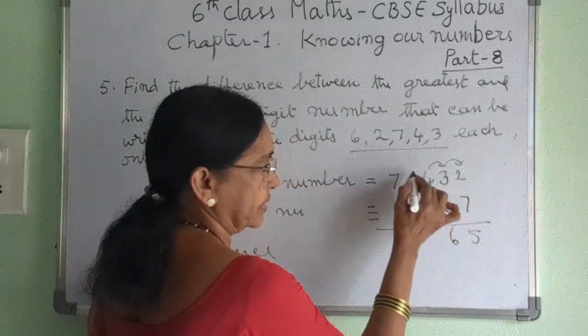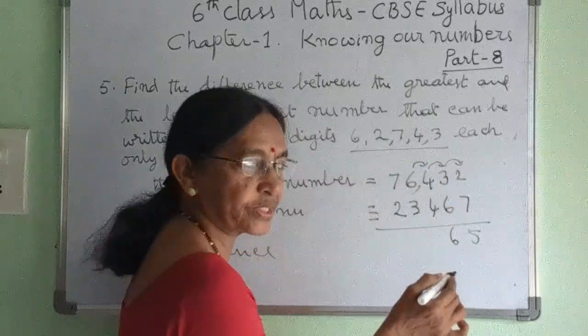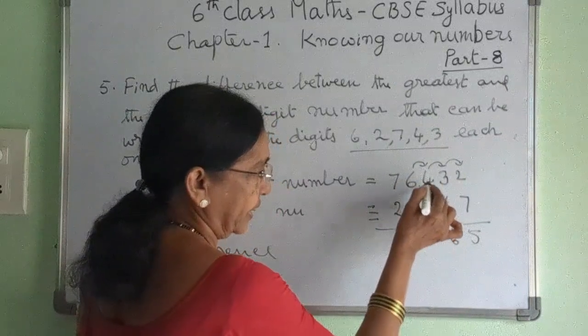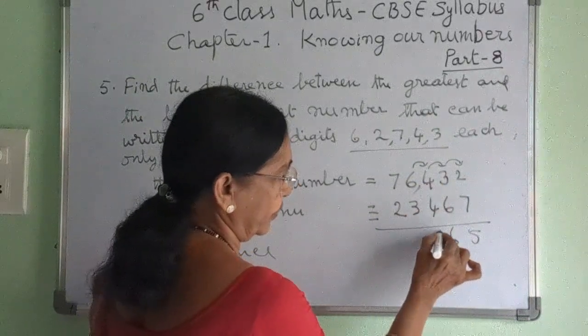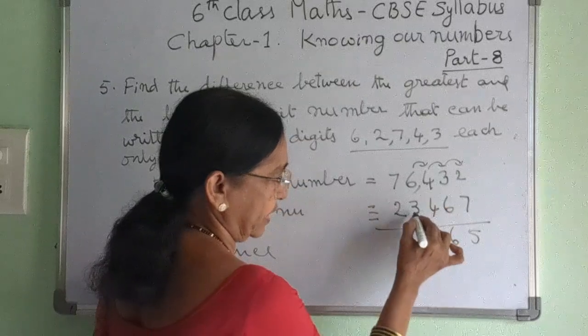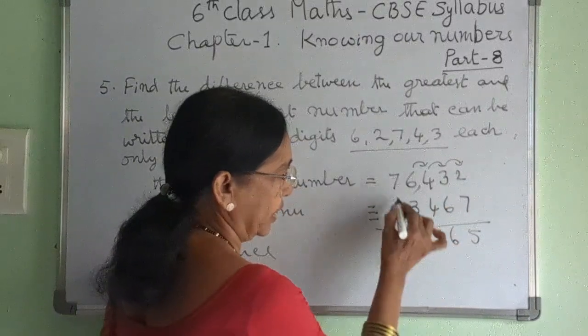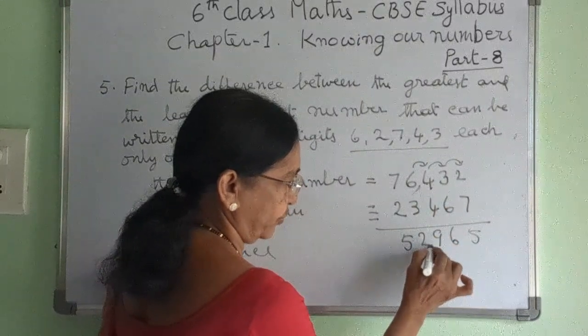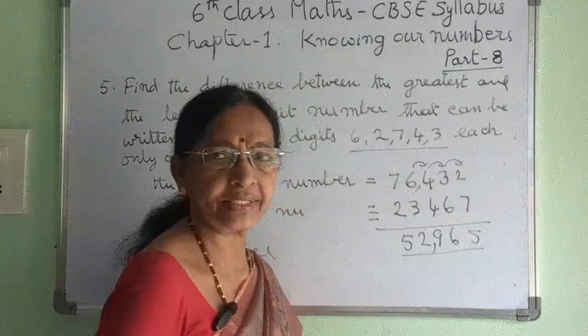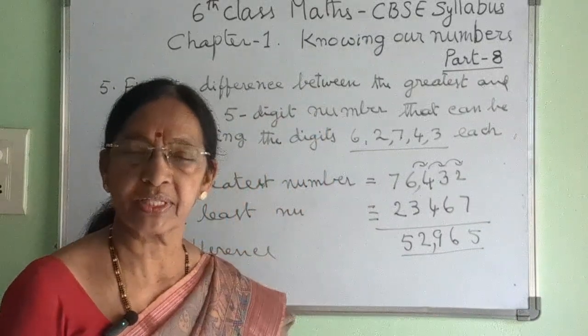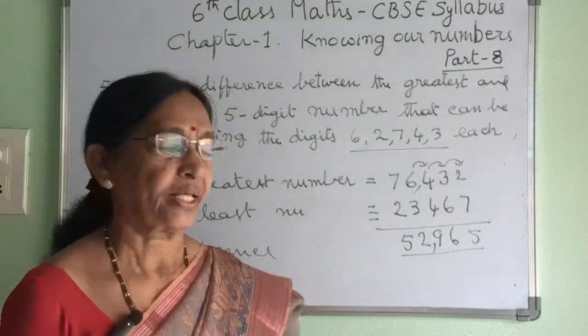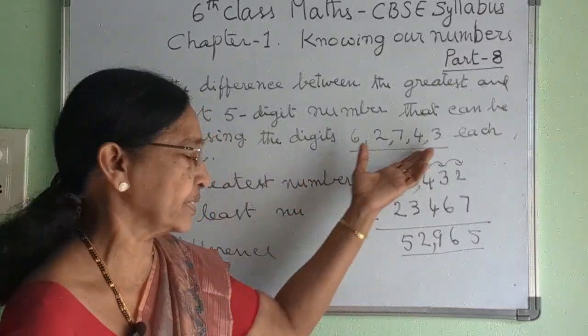Here 3 remains. So if we bring 1, it becomes 10, and 10 plus 3, 13, 13 minus 4, 9. 5 remains here, 5 minus 3, 2. 7 minus 2, 5. So 52,965 is the difference between the greatest number and the least number formed by these 5 digits.